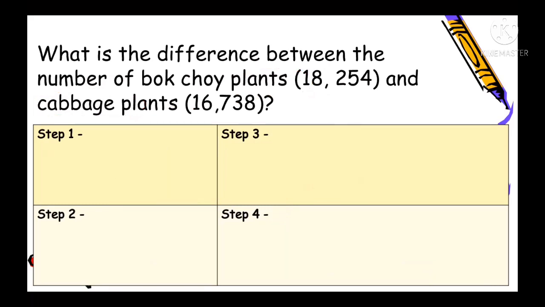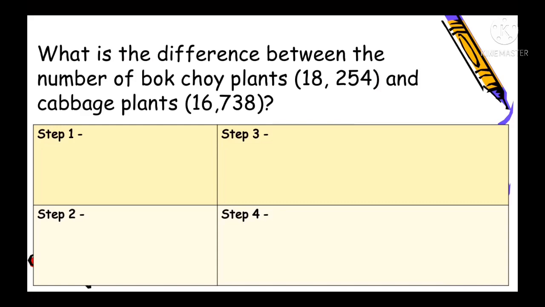Okay. What is the difference between the number of bok choy plants, which is 18,254 plants, and cabbage plants, which is 16,738? So what will be our step 1? What are the given?